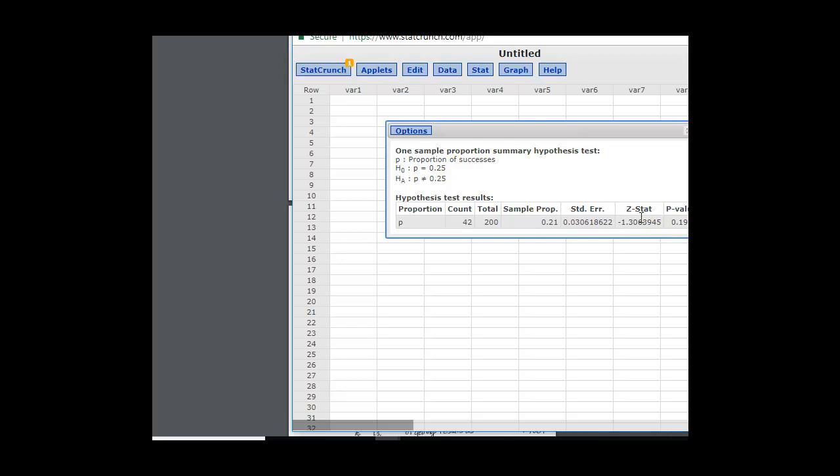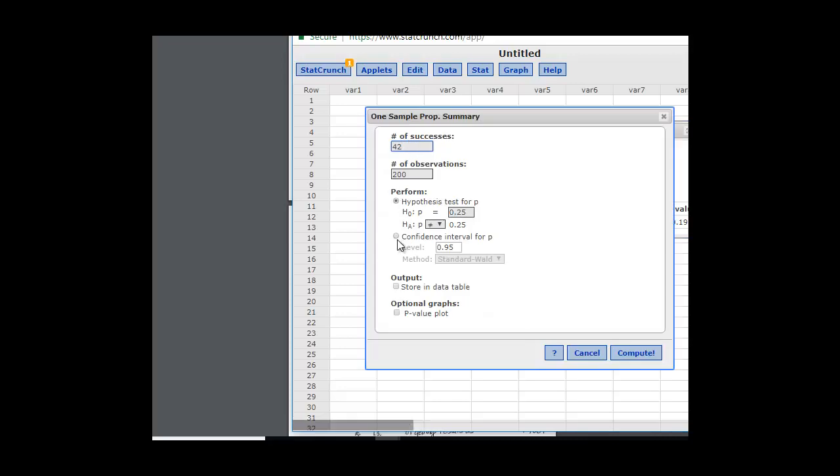Okay, what if I want to check the confidence interval? So I need to go back to options. I'm going to click edit. And this time I'm going to go down and click that I'm looking at not the hypothesis test, but the confidence interval. So I click this and I'm looking at a 95% confidence. Actually, our problem was 0.9. So I need to make that change in there. The confidence level, I didn't need to take into account with the hypothesis test.